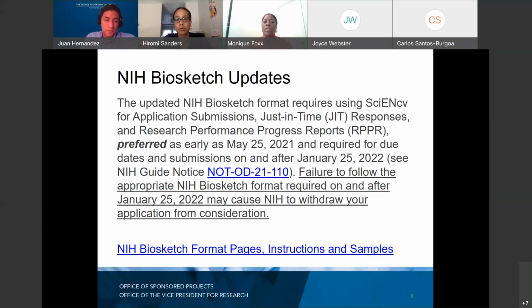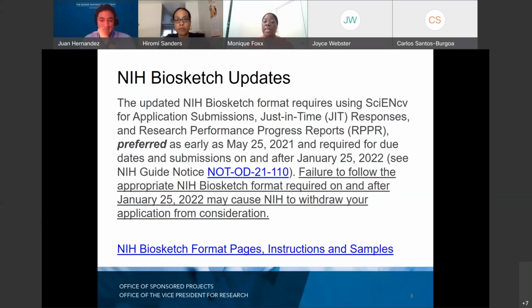So NIH is giving us a huge period, what I call a grace period, to understand what the new instructions are, understand the expectations, and to fully understand the implications when we don't follow the instructions. If the biosketch is not submitted in the correct format in this grace period, NIH will exercise leniency.